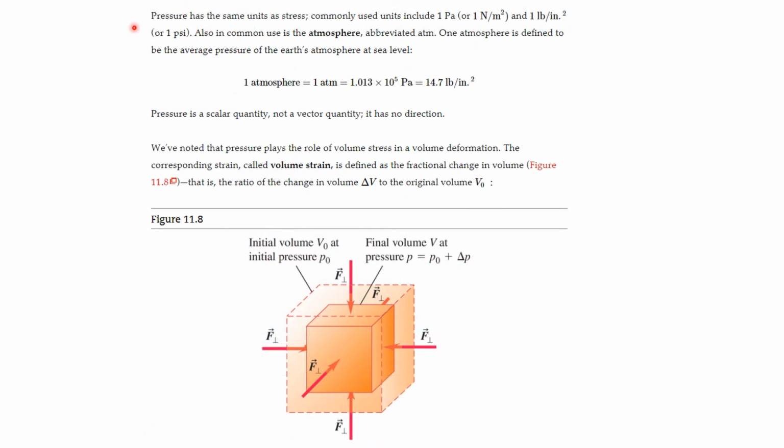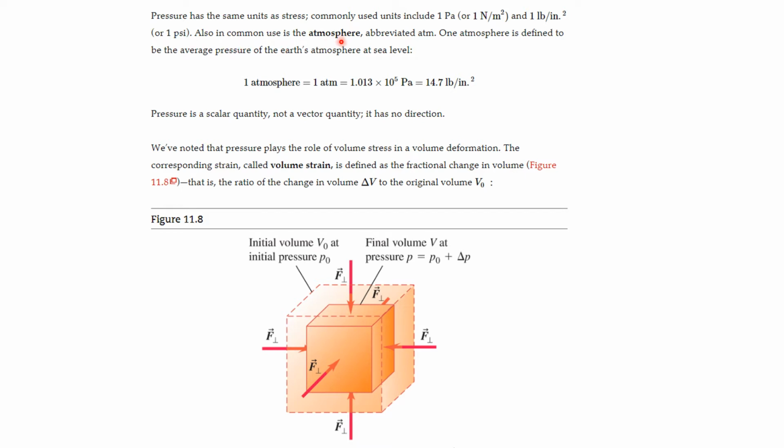Now, pressure has the same units as stress, and commonly used units include 1 Pascal, which is 1 Newton per square meter, or 1 pound per square inch, or sometimes this is abbreviated PSI, pounds per square inch.